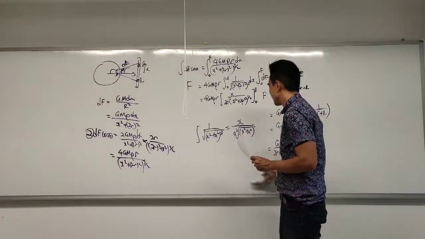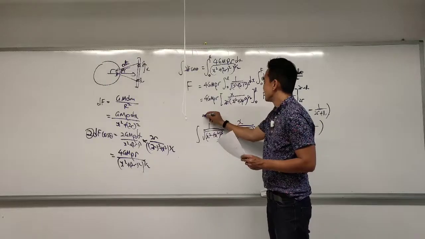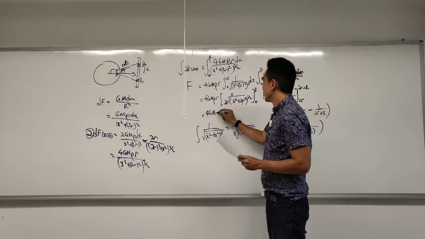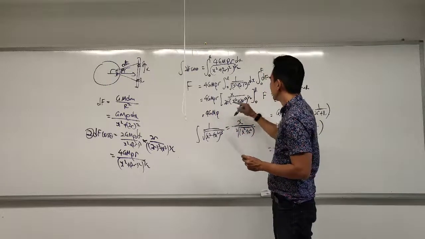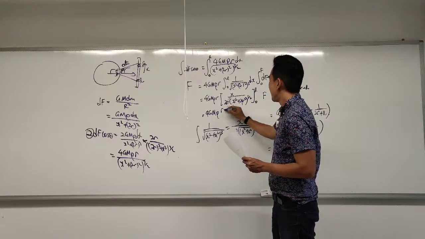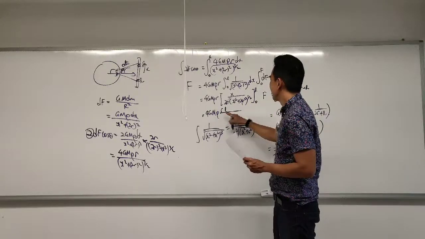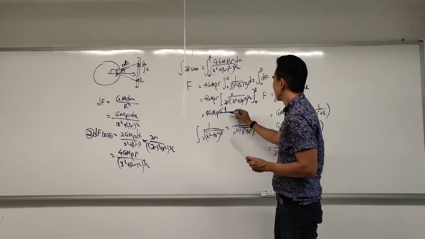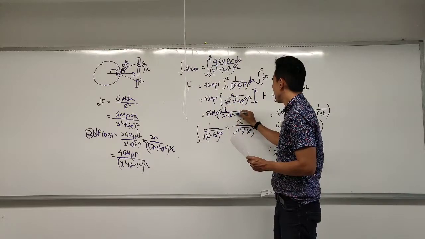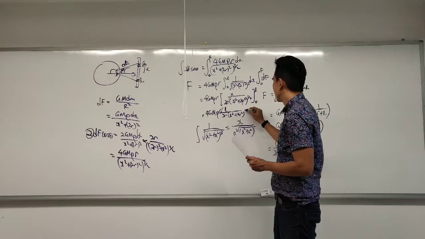So if you substitute L in, this will give you 4 G M rho r L divided by 2r times the square root of L squared plus 4r squared.